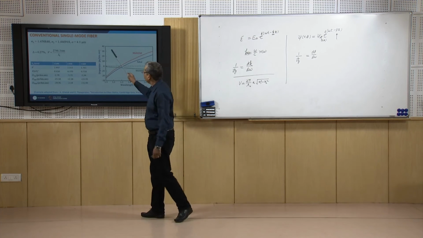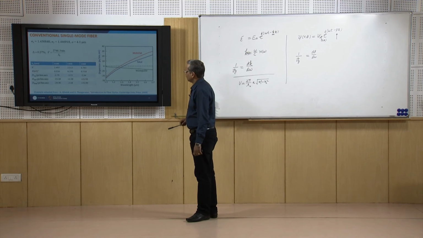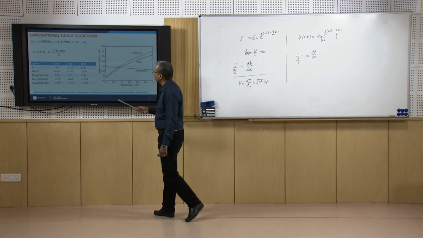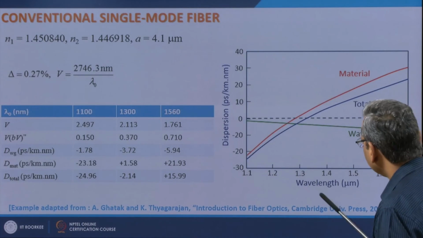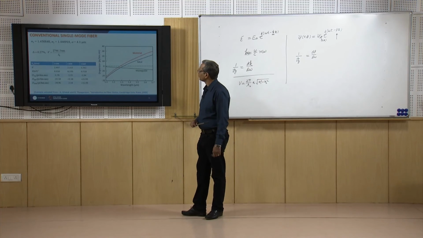So, to have a much better and wider picture, I have plotted here dispersion as a function of wavelength in the range 1.1 micron to 1.7 micron. So, this green curve shows the waveguide dispersion, which is always negative.